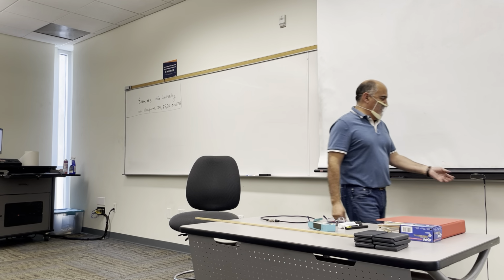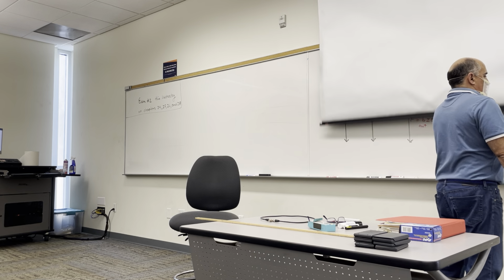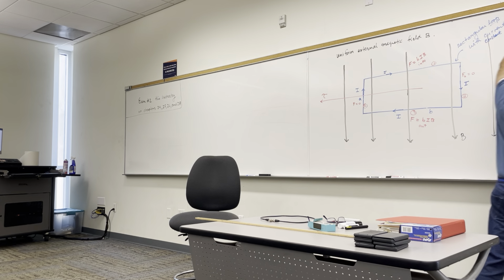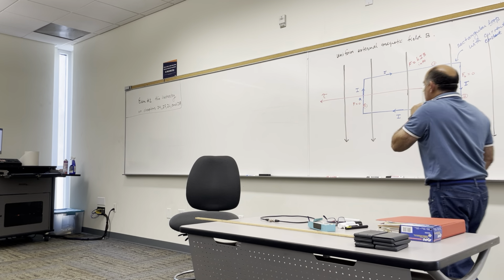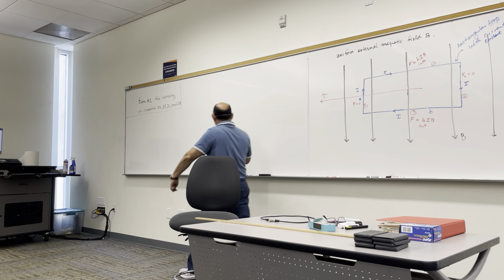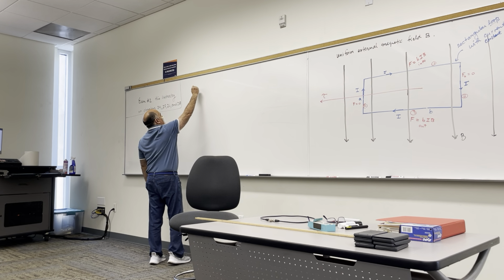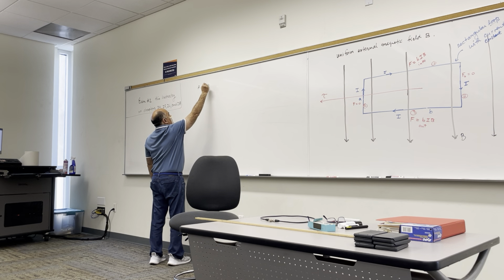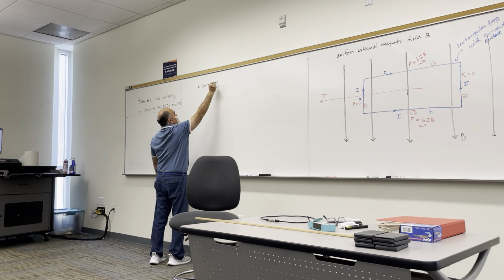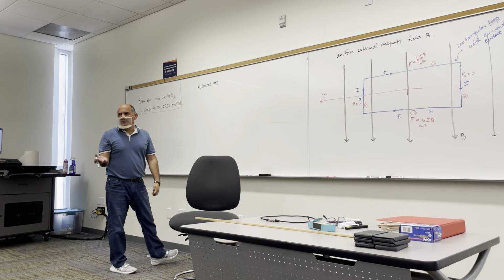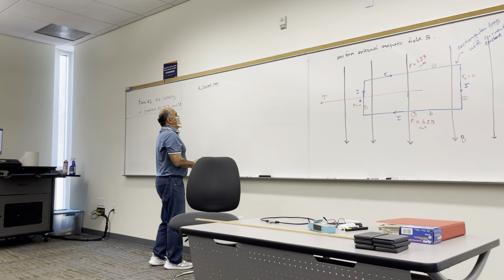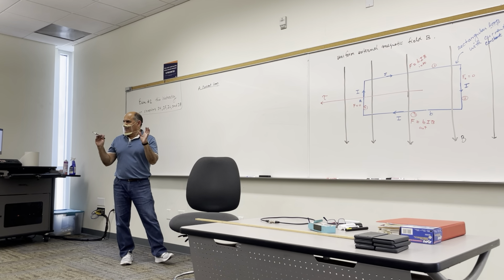The loop can be triangular. So this is oftentimes called a current loop. That means a loop with current in it, right? Not like a loop in the present.